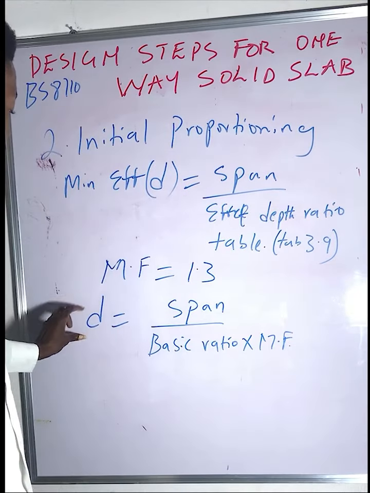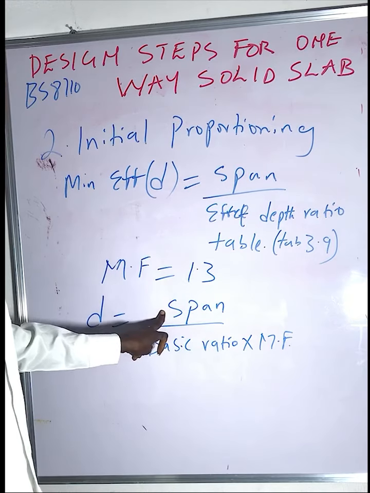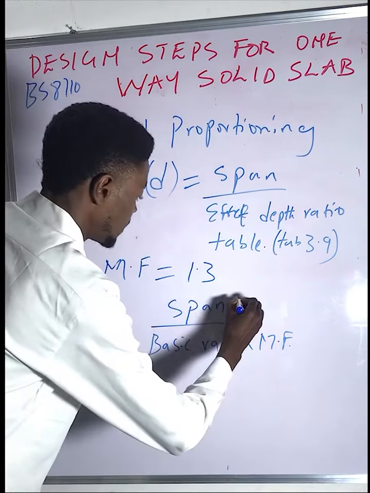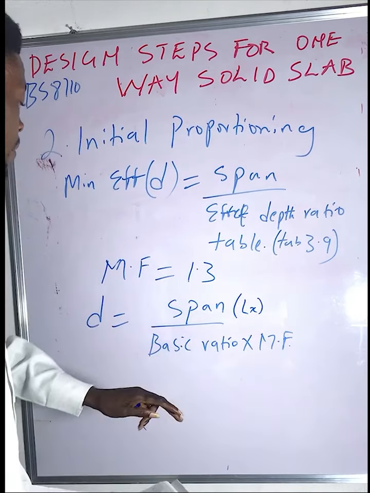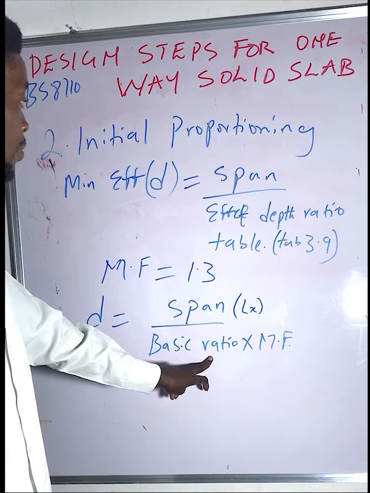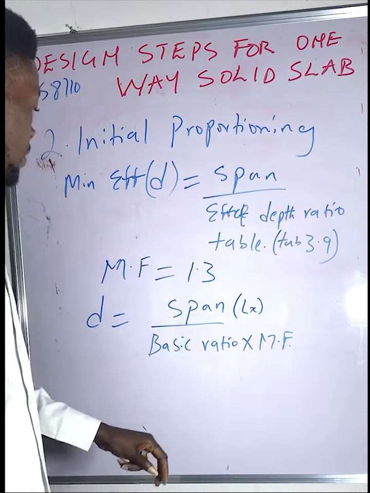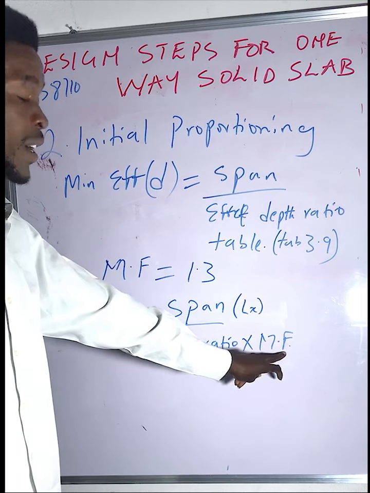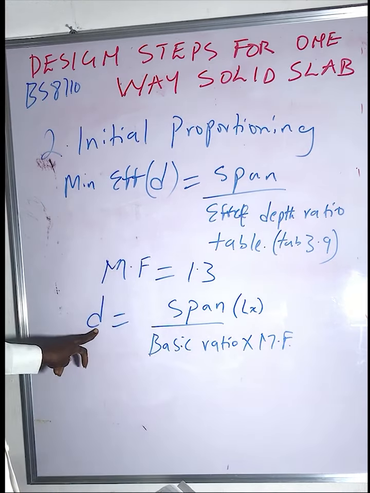This is the first step you take to get your d, the initial depth: your span, which is your LS, over the basic ratio from your span over effective depth ratio times your modification factor. There you will get your d.